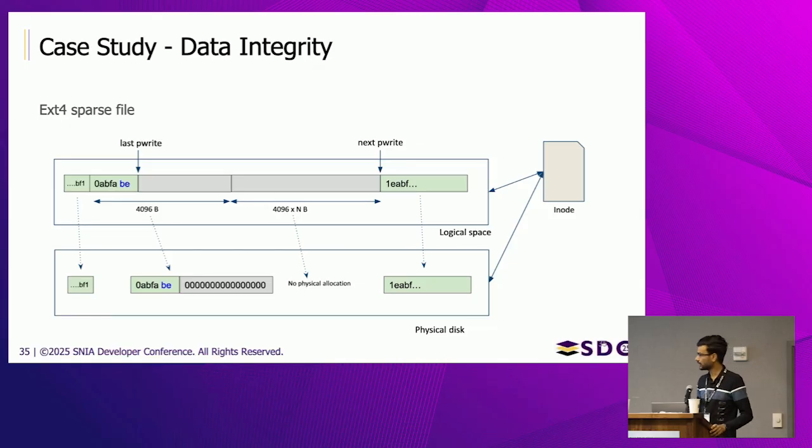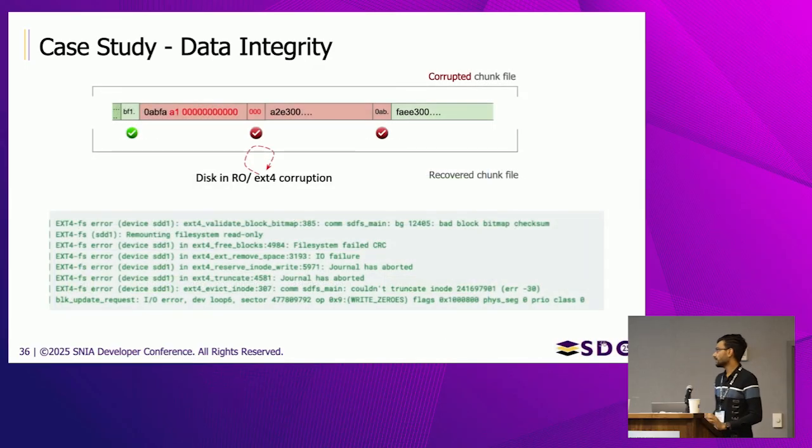How could that happen? We looked into system logs to try to understand why this corruption is happening. Whenever we saw a corrupt file, we looked at the timestamps at which the file was being written to, and it perfectly correlated with the ext4 errors we saw in syslogs.